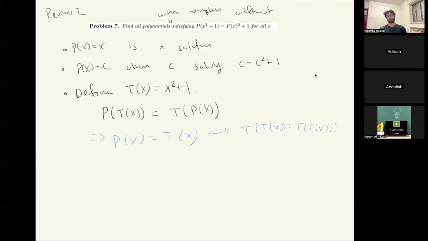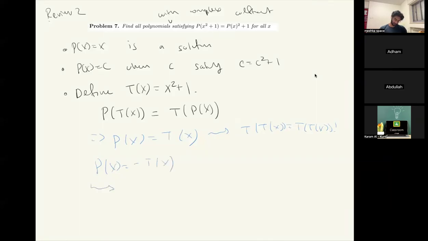Wouldn't P equal to negative T be a solution as well? Let's see, P is equal to negative T. I think it works, right? Let's be clear. So if I put P of x equals negative T of x, does it work?